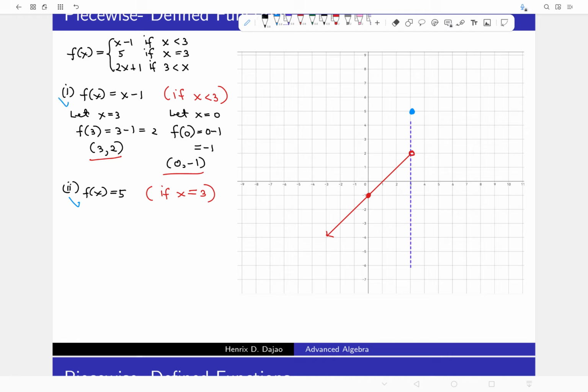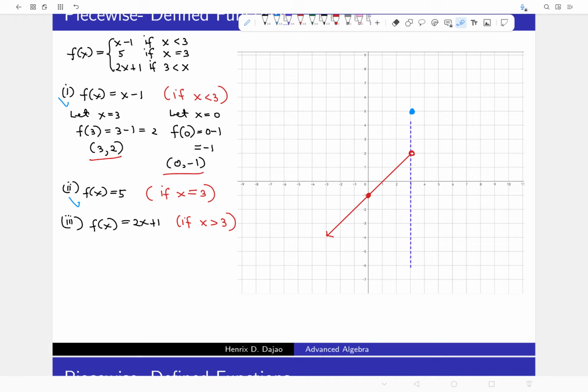And finally, we have f of x equals 2x plus 1 only if your x is greater than 3. So if your x is greater than 3, then the function f is defined by f of x equals 2x plus 1.